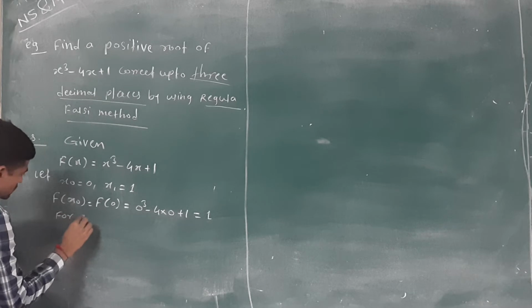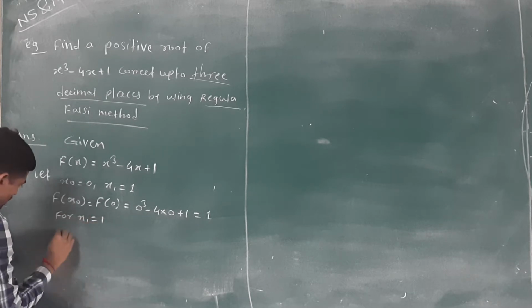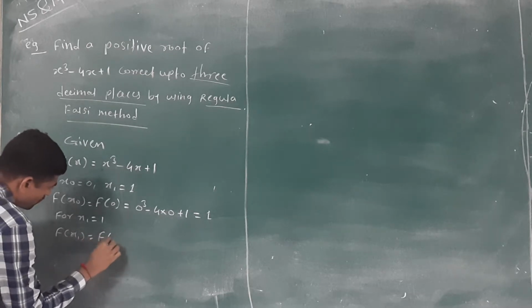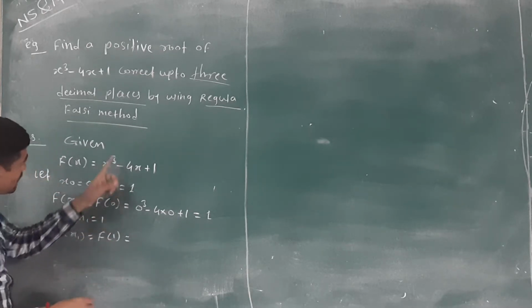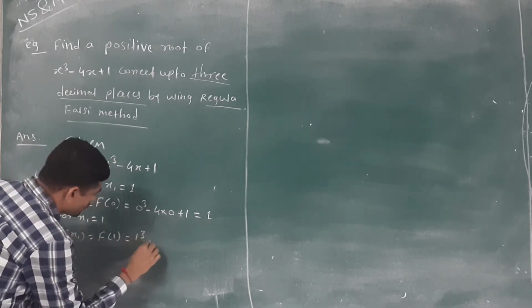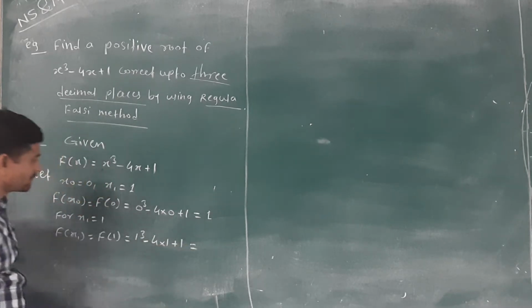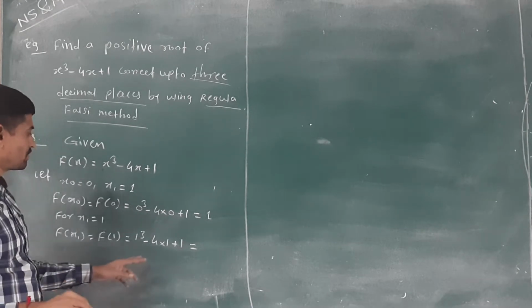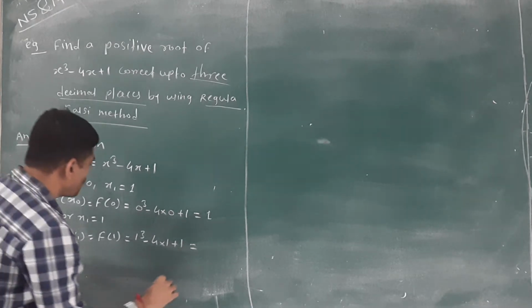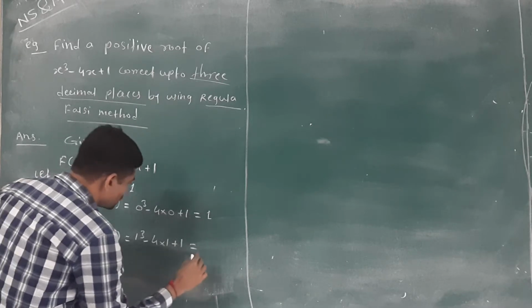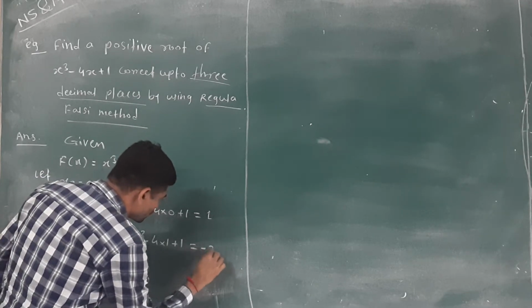For x1 = 1, f(x1) = f(1). Putting it in the equation again, 1 cube minus 4 into 1 plus 1, that is 1 minus 4 plus 1, you will get minus 2.